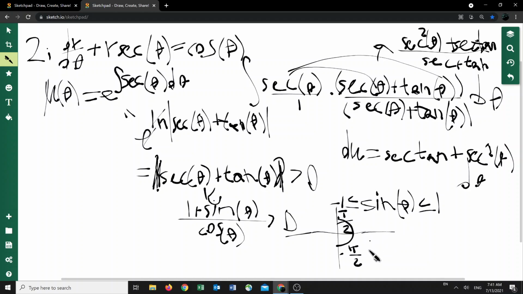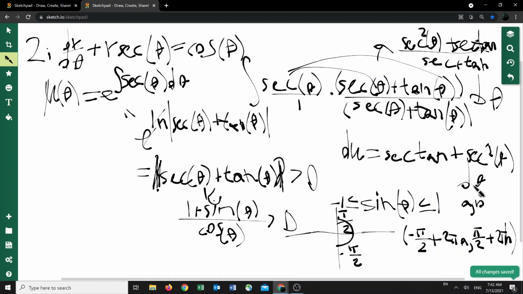And to be more rigorous, we would have to include all possibilities. So it would range from negative pi over 2 plus 2 pi a, to pi over 2 plus 2 pi b, where a and b are integers. Notice that we have open brackets here because the denominator can't be 0.